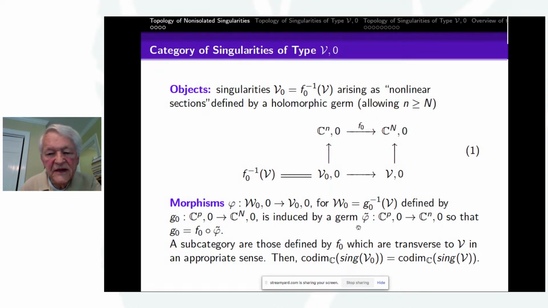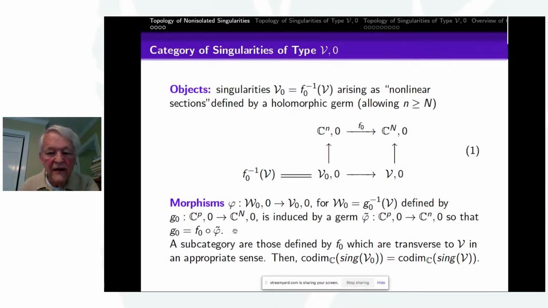Such a morphism is induced by a germ from C^p to C^n so that g0 is obtained by f0 composed with phi tilde. So we have both objects and morphisms, and this will be important later when we talk about characteristic cohomology, where we want to know that it has good properties with respect to this category.